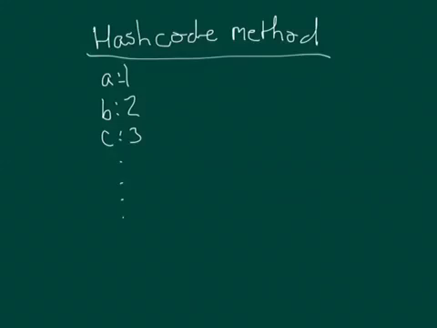So let's say we had the string hi. H would end up being encoded as 8, and I would be encoded as 9. So as a result, your hash code is 17 if you input the string hi.